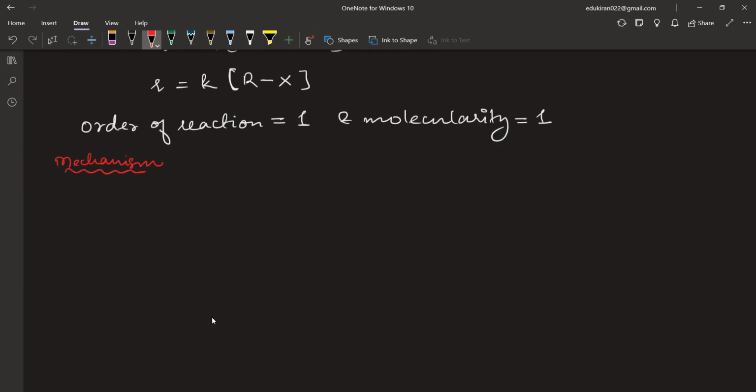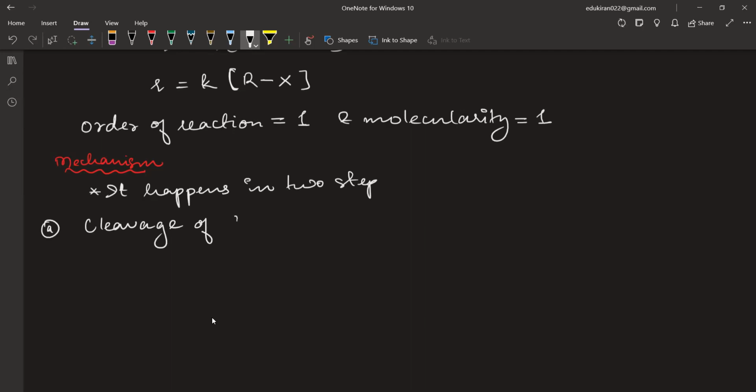After this, write the mechanism. It happens in two steps. The first step is cleavage of the C-X bond.